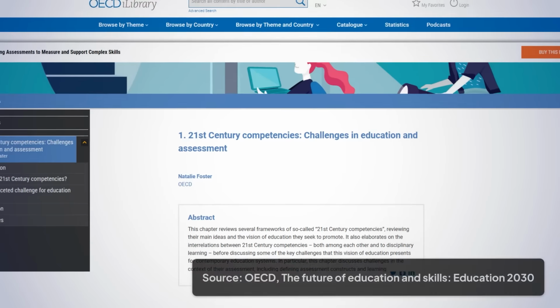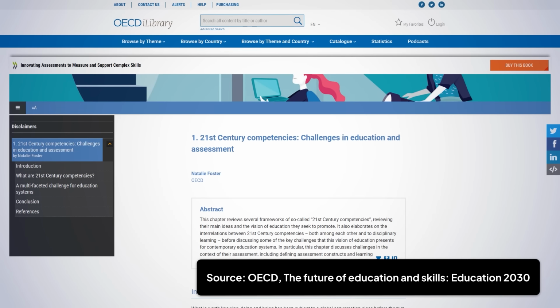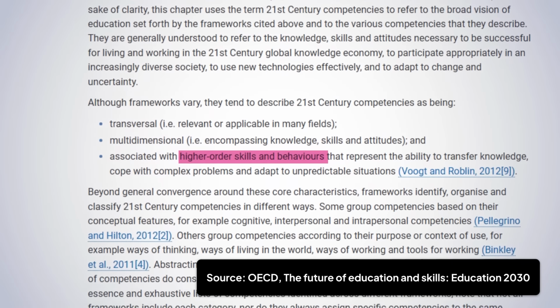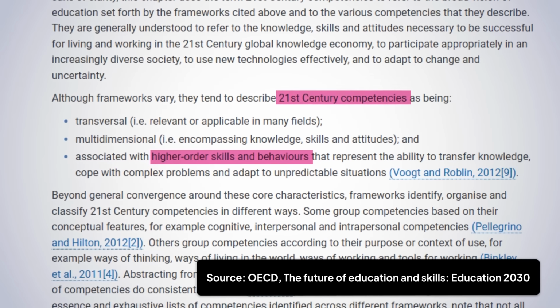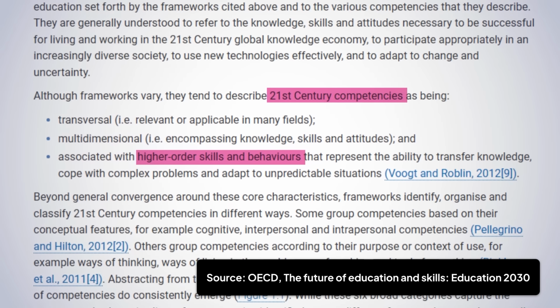In fact, the OECD has even come out with a statement saying that higher order thinking skills is one of the most crucial things that a modern day learner needs to know to be successful. So what that means is that if you are mind mapping and you're not noticing improvements in your understanding or your memory or your ability to apply the information, it probably means that you're not engaging at that higher order of thinking.